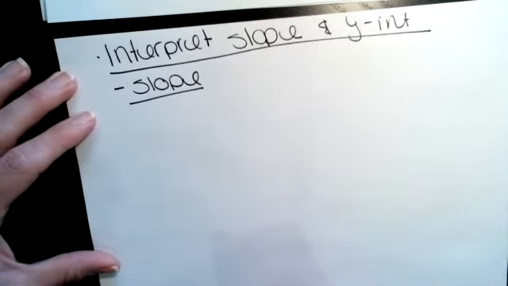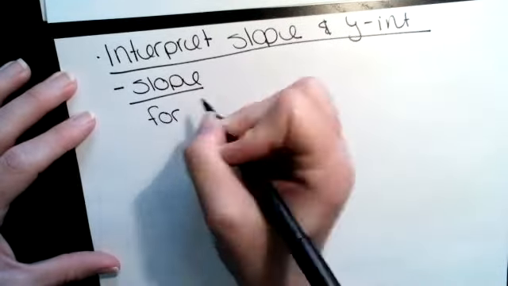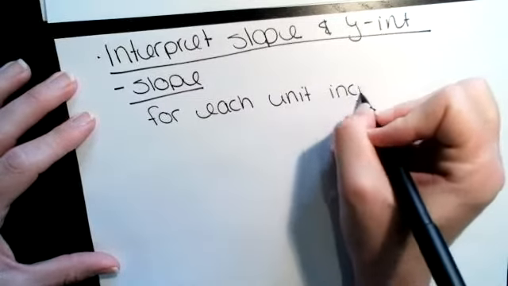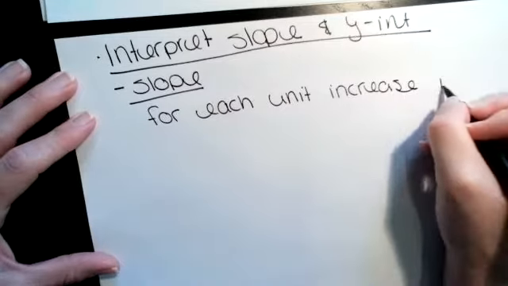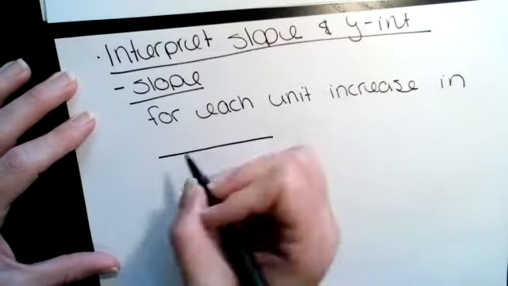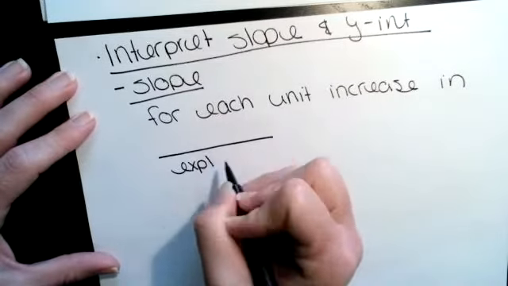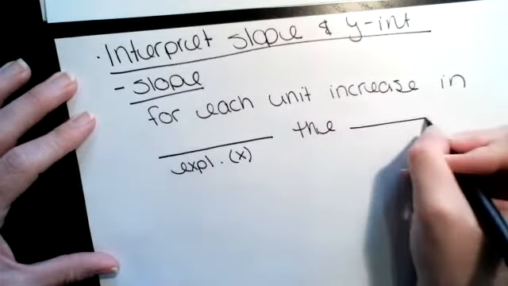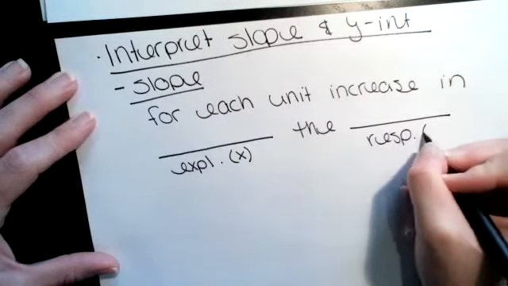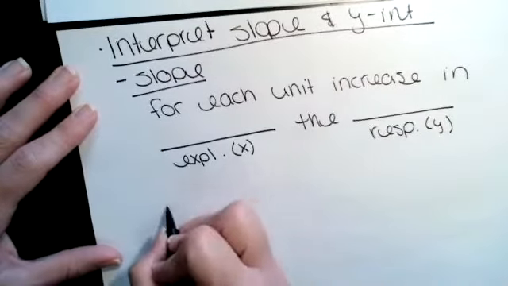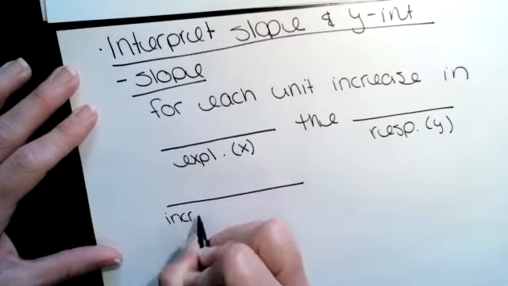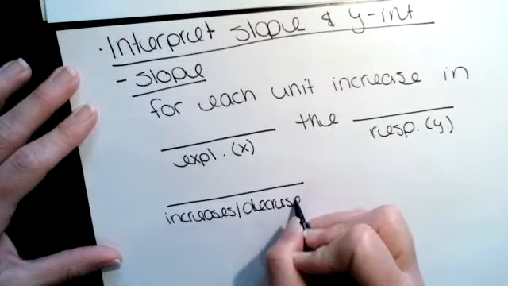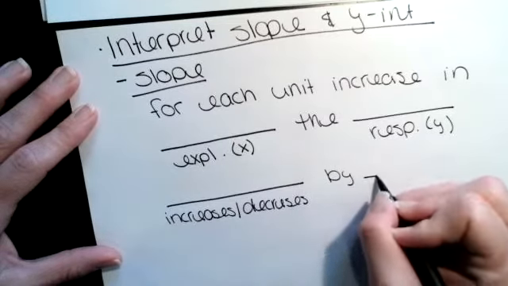So what we're looking at is for each unit increase, it's always about that increase, in my x variable, so in my explanatory variable, the y variable, my response variable, will either increase or decrease by the slope.